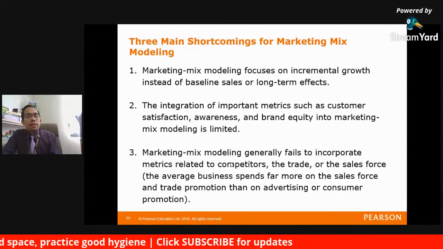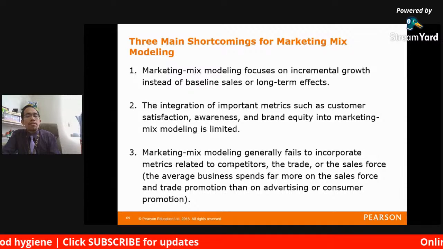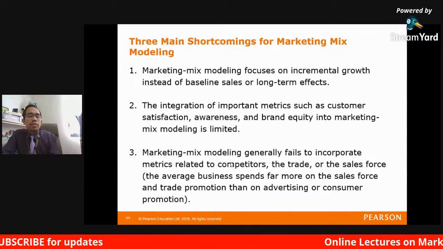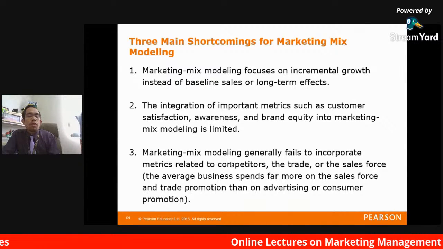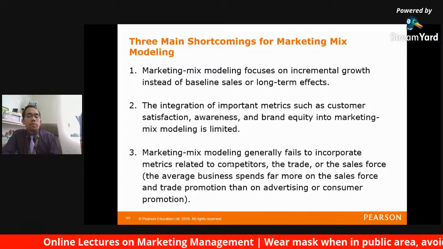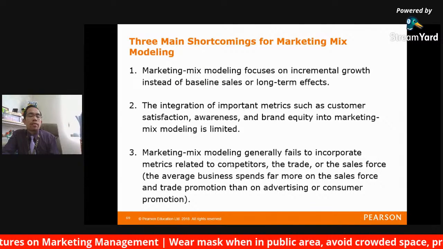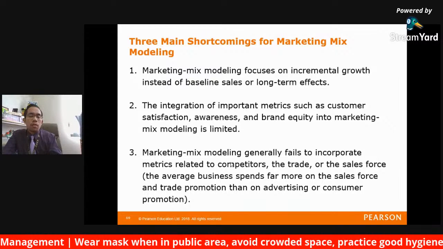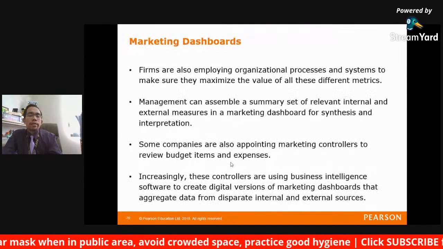Marketing mix modeling also generally fails to incorporate metrics related to competitors, the trade, or the sales force, while the average business spends far more on the sales force and trade promotion than on advertising or consumer promotion.